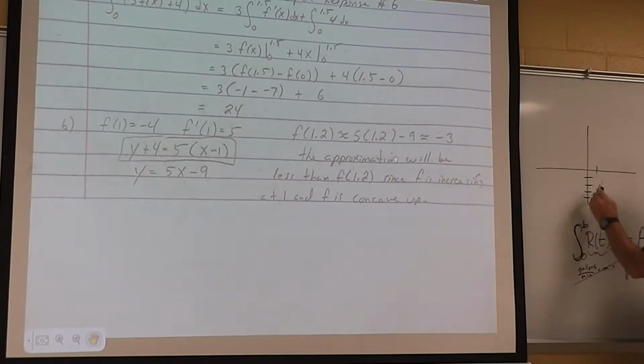The fact that my curve is concave up for all x says that my curve is doing something like this. I'll exaggerate it like that. There's my concave up. Thus, at 1.2, the value of the tangent line is indeed less than the value of the function because of that concave up. My curve will all lie above that tangent line.